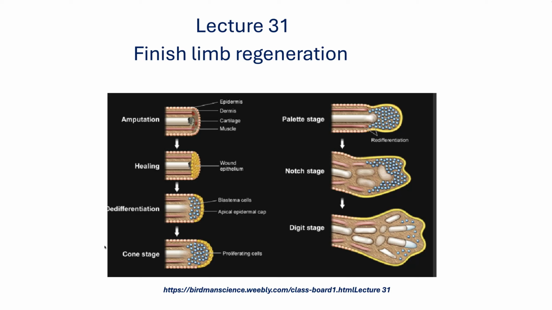Think back to the neurula of the early frog embryo with the BMP and the Wnt gradients, for example. That leads to very specific dorsal ventral and anterior posterior information.